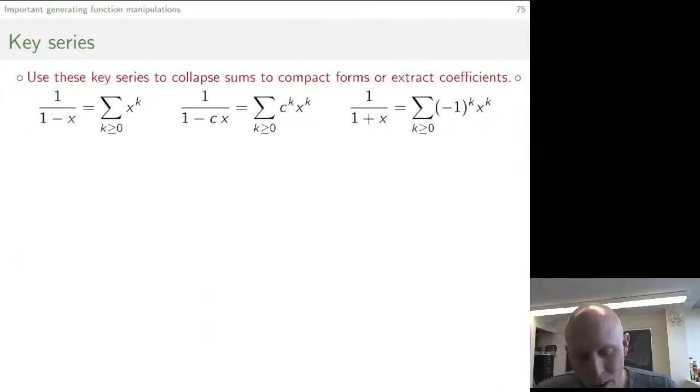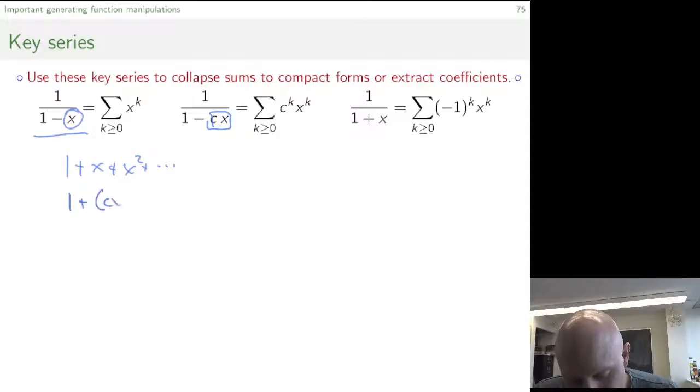Okay, let's look at some other things related to that. Just like we said, 1 over 1 minus x is 1 plus x plus x squared plus dot dot dot. Whatever we have in this position would take the place of x. So if we see something like 1 over 1 minus cx, well, that's the same as 1 plus cx plus (cx) squared plus (cx) cubed plus (cx) to the fourth.